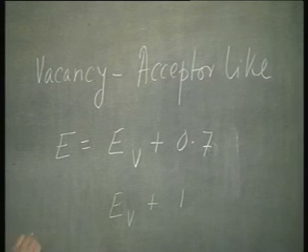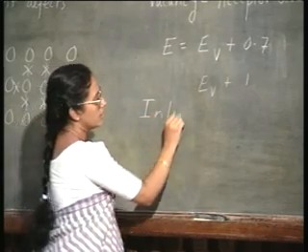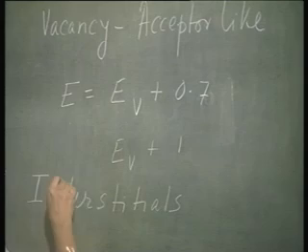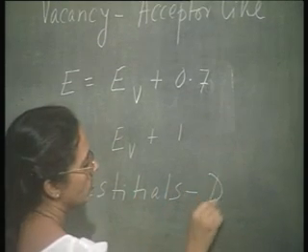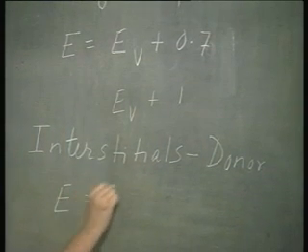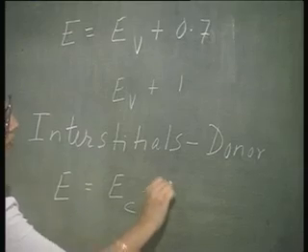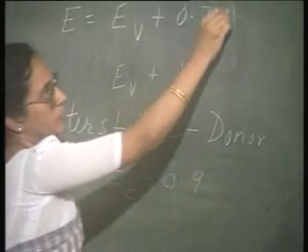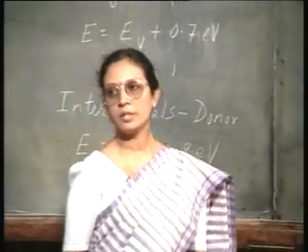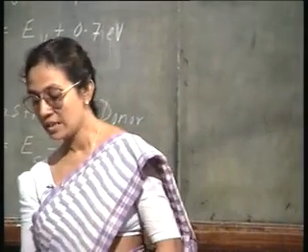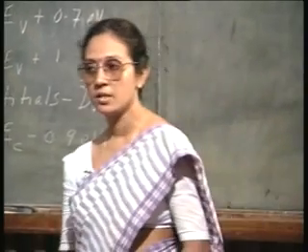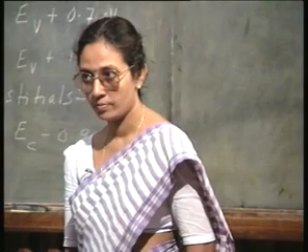And the interstitials, which are donor like, they also give rise to energy levels quite deep inside the energy band gap at EC minus 0.9 electron volt.